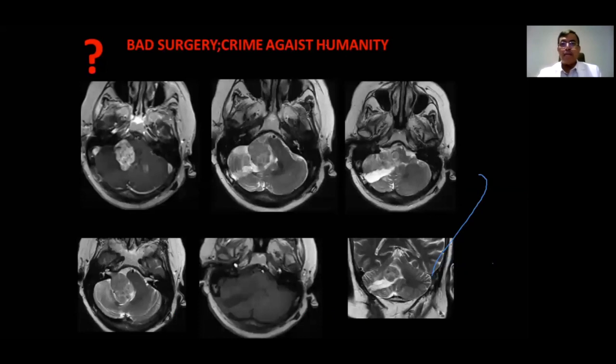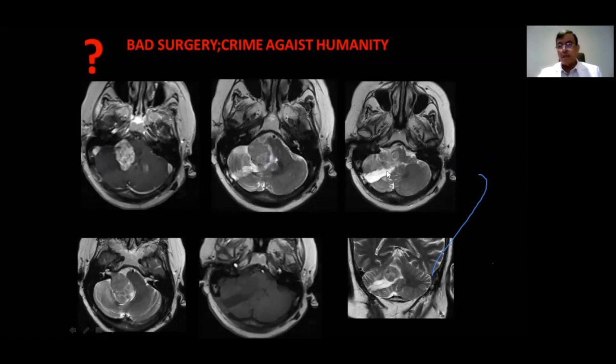I'll show you some bad surgeries done in this part of the world, and I'm sure it can happen in any part of the world. Look at this schwannoma. Obviously, there is a novice, a very inexperienced surgeon, who decided to cut the cerebellum completely, transect it, to reach this tumor. And did he remove it?